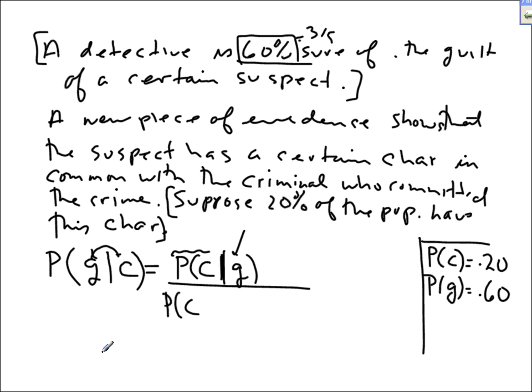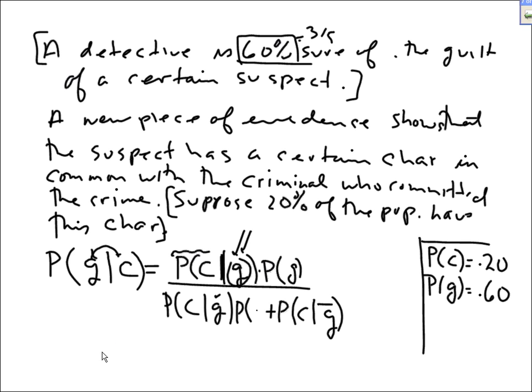This part never changes. It's that one that's going to have all the possibilities. You can be guilty or you could be not guilty. And for each of these probabilities, we multiply by the probability of the given that, guilty, and the probability of the given that, not guilty.